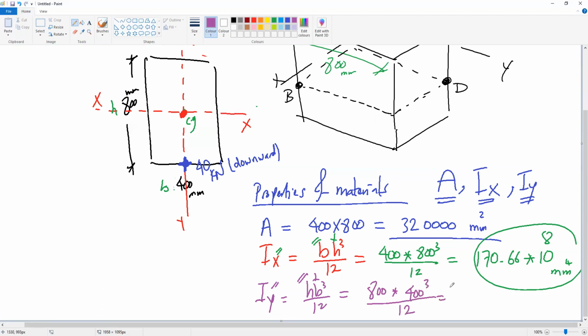This will give us 66.66 times 10 to the power 6 millimeter to the power 4. So these are the three properties of the material we need for this cross section, A and IX and IY.